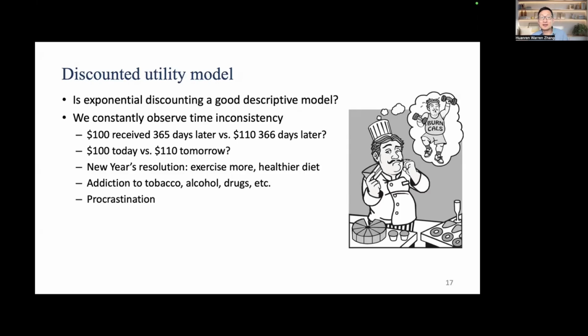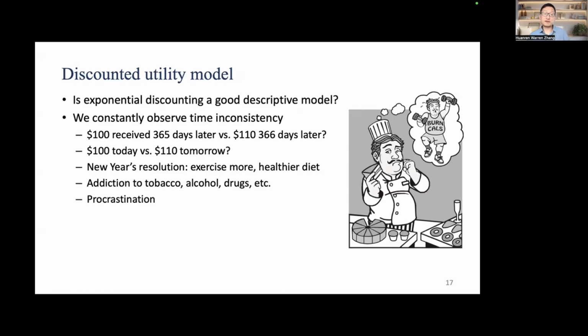So that's time inconsistency. And also addictions to tobacco, alcohol, drugs. A lot of people who got addicted, smokers for example, say that they would rather not smoke. That means if they were able to make the decision all over again, they would not decide to become a smoker because they know the adverse effect on their health.